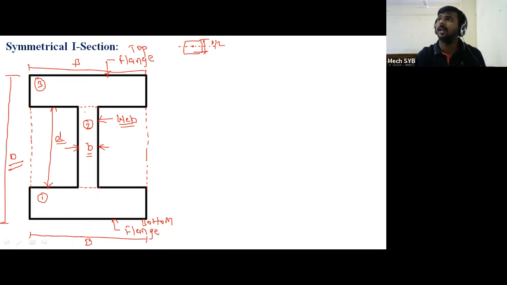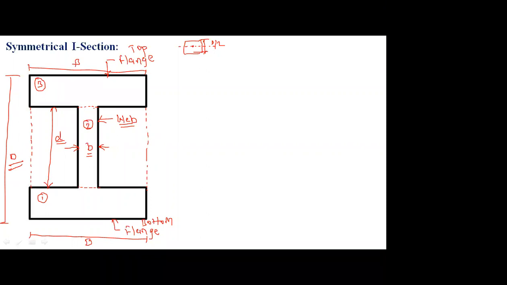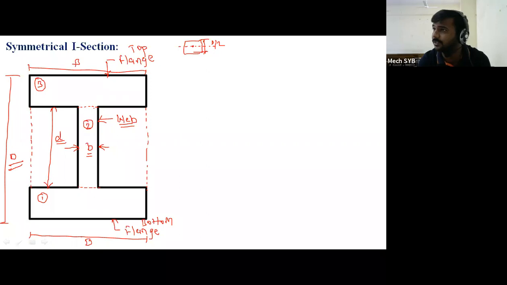Okay. Now here I have to calculate the moment of inertia and the y-bar distance. So if I have to calculate the moment of inertia of this particular section, for the symmetrical I section we can calculate the moment of inertia by using two formulas. One formula is very lengthy and one formula is very, very simple.